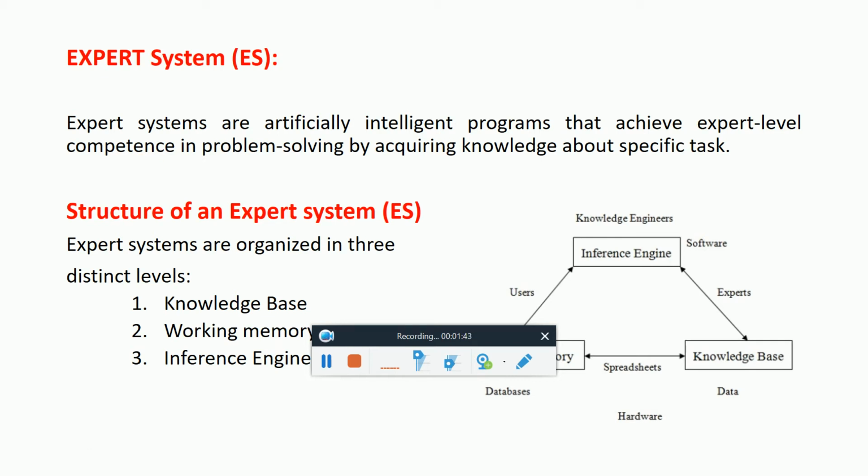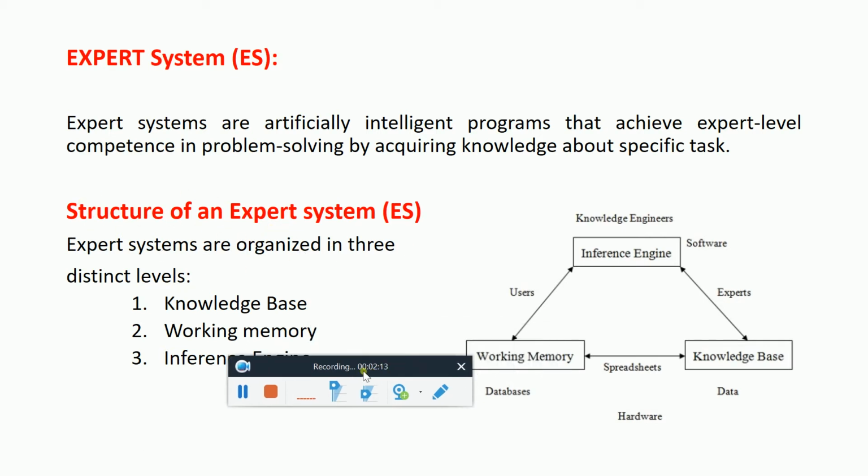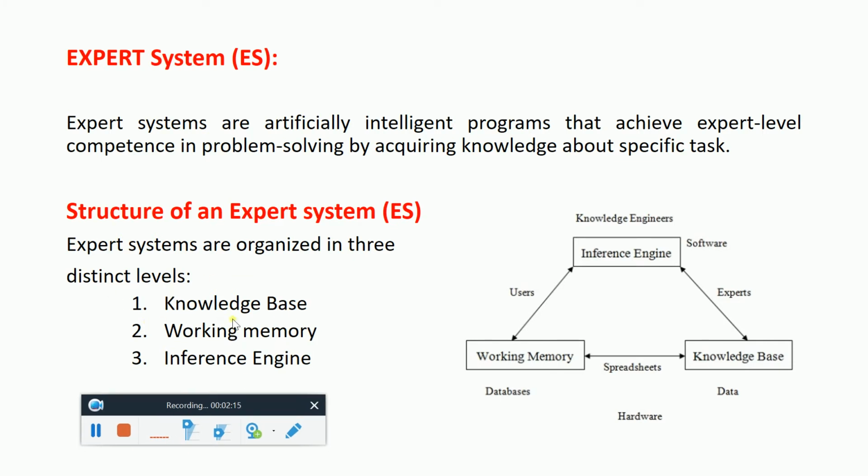The structure of an expert system reflects the understanding of the methods of representing knowledge. So this structure of expert system basically tells how to perform intelligent decision making tasks with the support of computer-based systems. So in that way, expert systems are organized in three distinct levels.